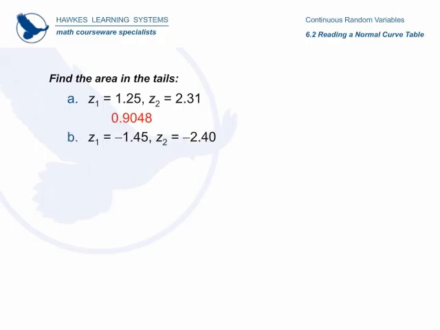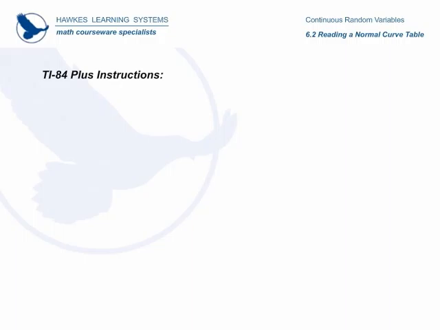Another example, Z sub 1 equals negative 1.45 and Z sub 2 equals negative 2.40. The areas in our tails would be 0.6188. One more example, with Z sub 1 equaling negative 1.05 and Z sub 2 equaling 1.05, using our technology, the area in the tails would be 0.0905.